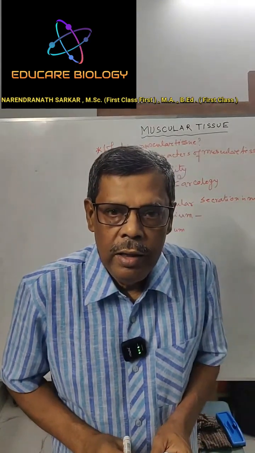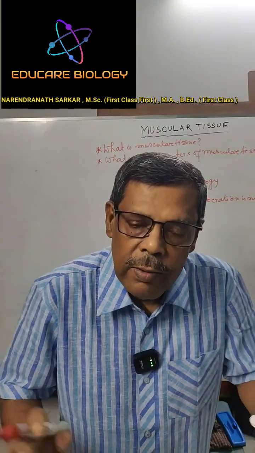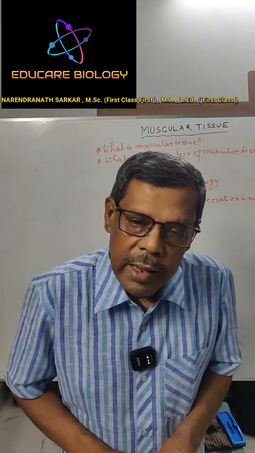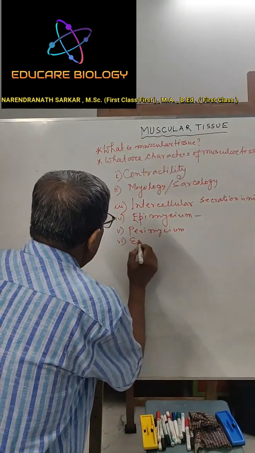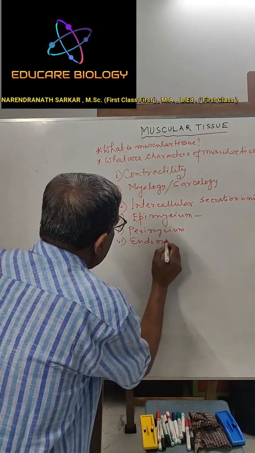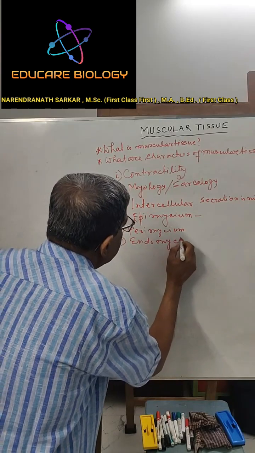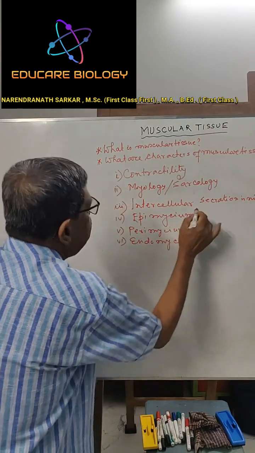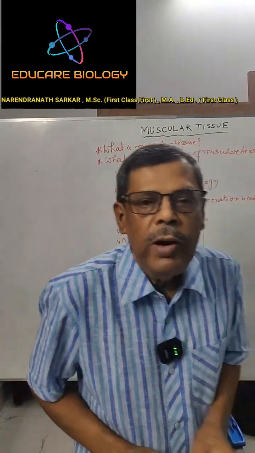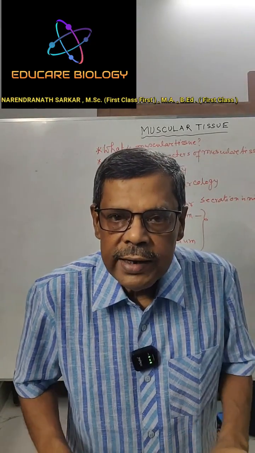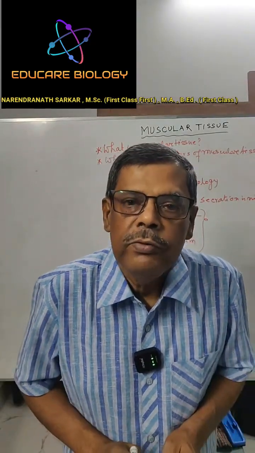Individual muscle fiber is covered by a connective tissue called endomysium. These three connective tissues, epimysium, perimysium and endomysium, are present in muscular tissue.